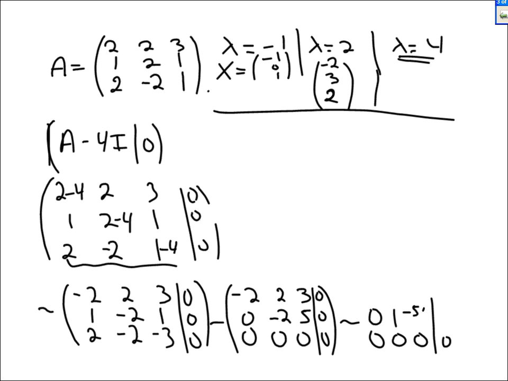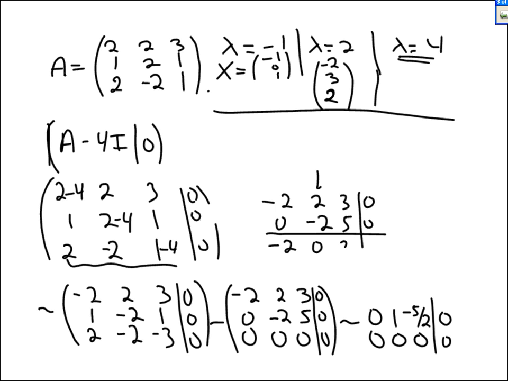In the first row, I'm going to add the first and the second row, because that will make that a 0. And what I get is negative 2, 0, 8, 0. And then if I divide by negative 2, I get 1, 0, negative 4, 0. So let me erase my arithmetic, my side work.